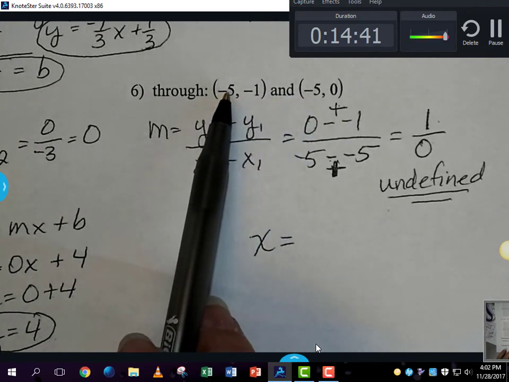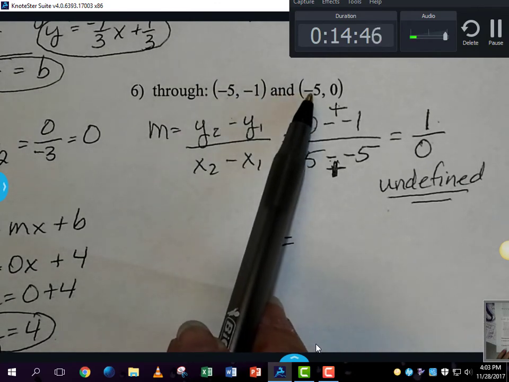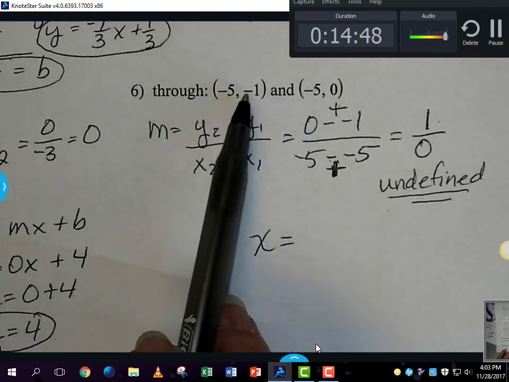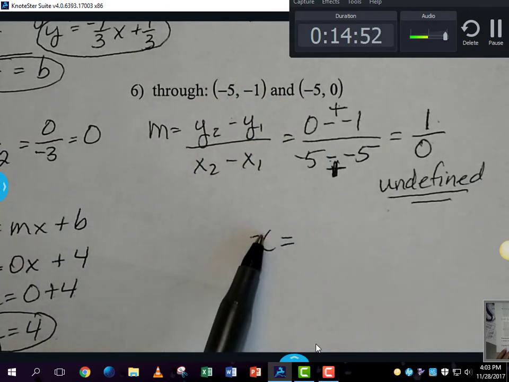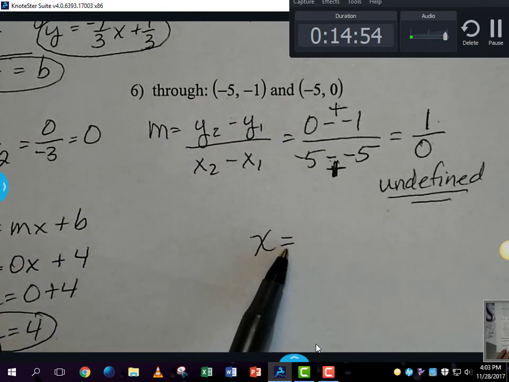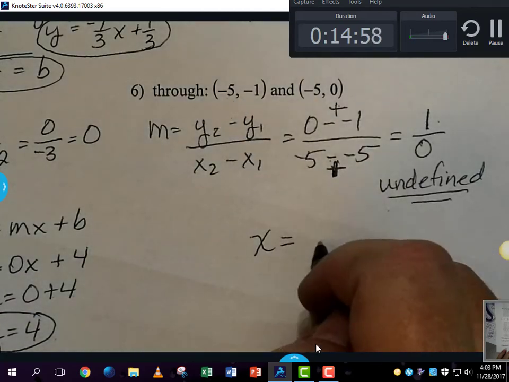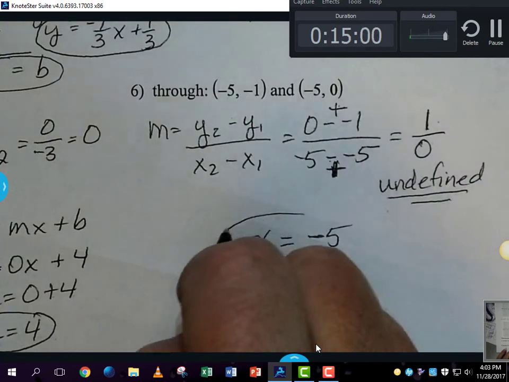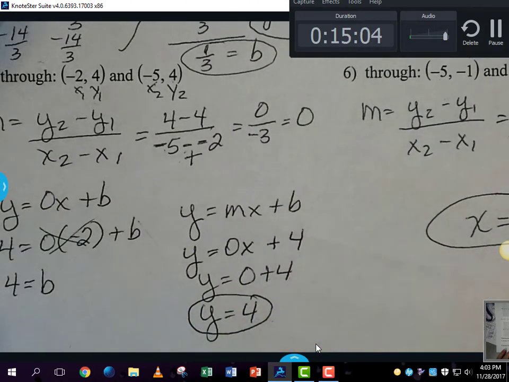So if one of the coordinates does not change, the equation is going to be which coordinate that was. So in this case, the x coordinates are not changing, and therefore it is x equals, and what will x equal? X will equal whatever that number is. And that's the equation for that line. The end.